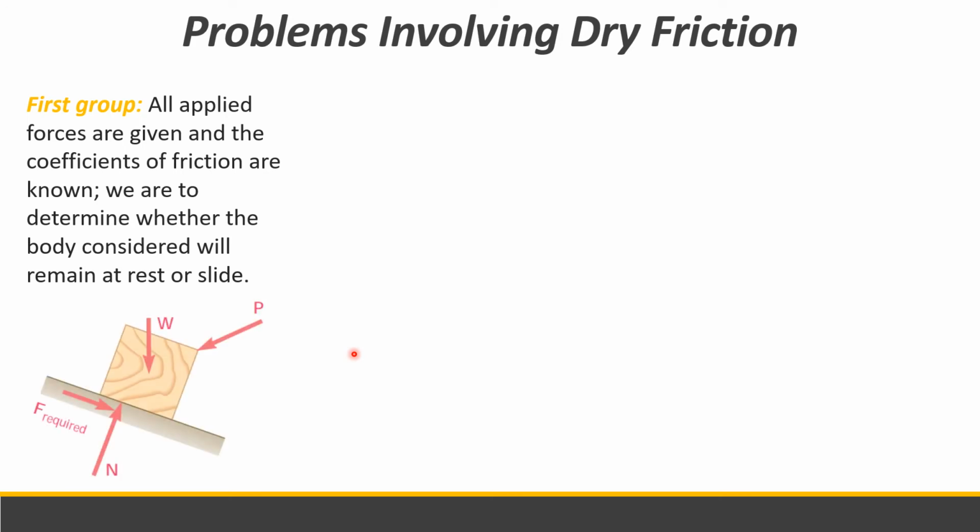So we are required to find our friction: did it reach the maximum friction, or did it not reach the maximum friction, or did it reach kinetic friction. So this is our first group. The forces applied, P and the weight, are given, and the coefficient of friction between the surfaces is given. So we will now just find F.